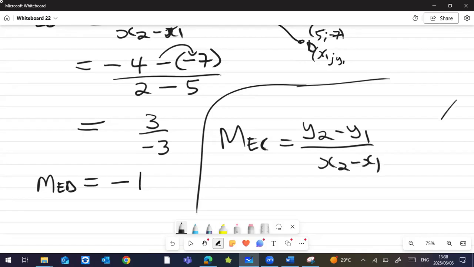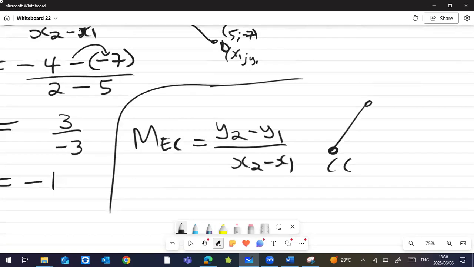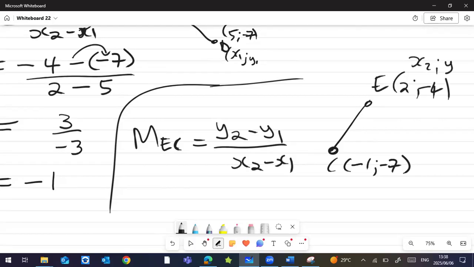Remember your EC, you have your C with coordinates minus 1, minus 7, and your E with coordinates 2, minus 4. Saying this is your x2, y2 and this is our x1, y1, what will we get here?